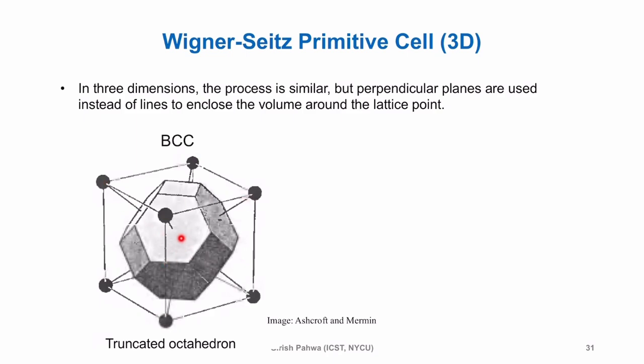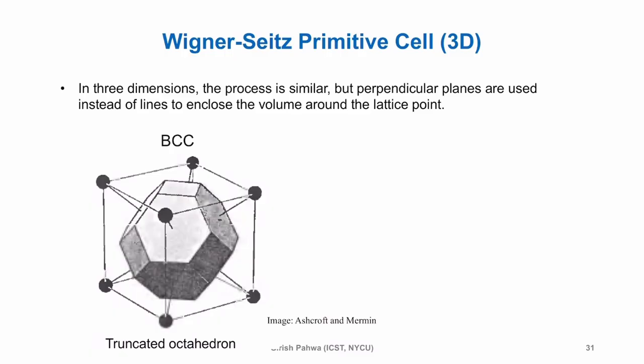If I connect this to this, there is a plane that is going to bisect it. If I connect this point to this point, this plane is going to bisect that, so you will get this football-like structure, which is enclosed, a truncated octahedron.